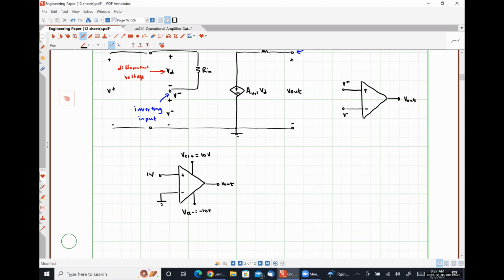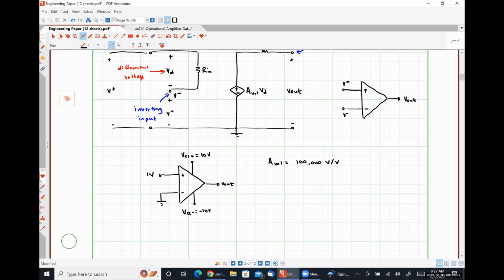Well, first thing I need to do is I need to know what my op-amp parameters are, right? So let's say that our open loop voltage gain, AVOL, is equal to 100,000 volts per volt. For an operational amplifier, this is fairly typical.